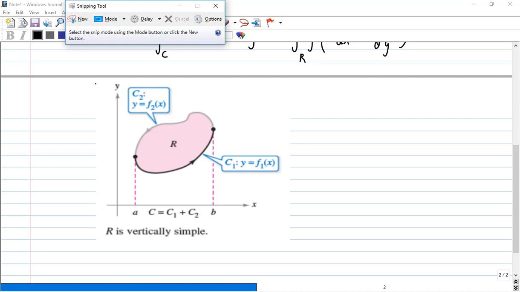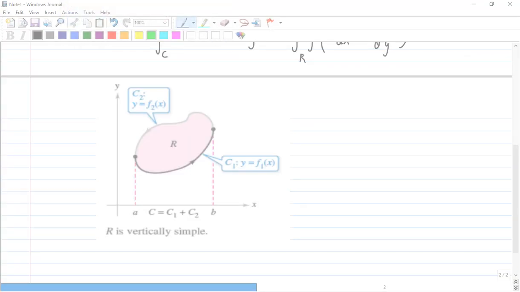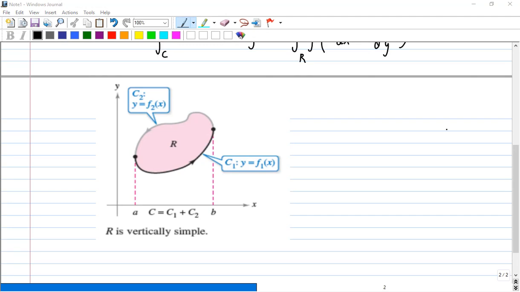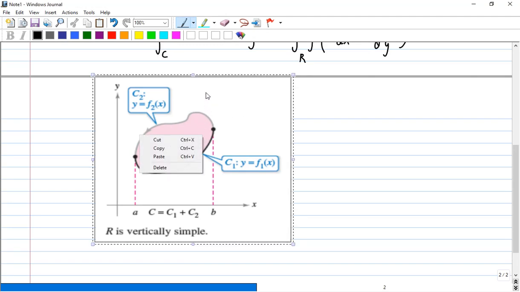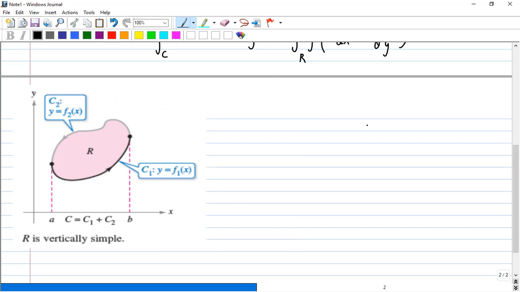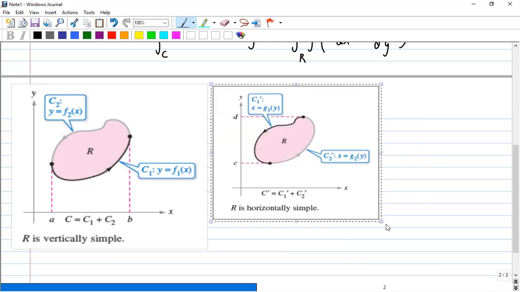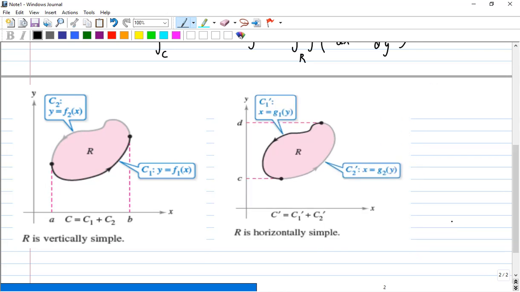All right, horizontally simple, instead of having y equals a function of x, we have x equals a function of y. So we consider that to be horizontally simple.